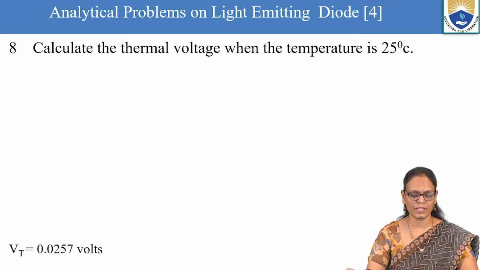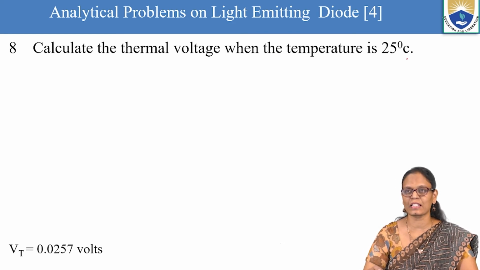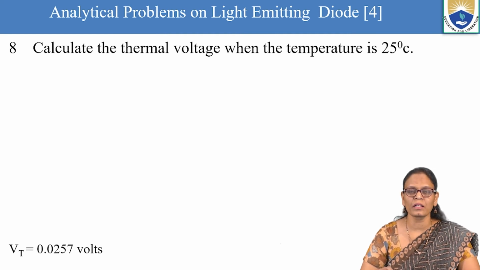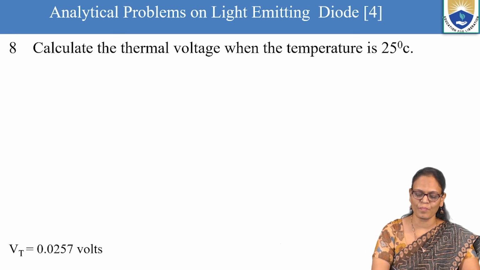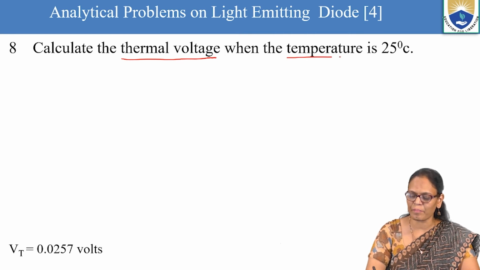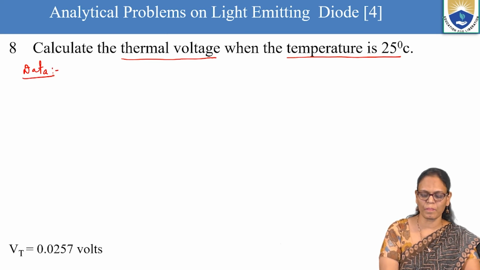The next one is calculate the thermal voltage when the temperature is 25 degrees Celsius. This is a very simple problem, but wherever we are given the thermal voltage or we have to calculate the thermal voltage, this becomes very handy. We have to calculate the thermal voltage and the temperature is given. So the data given here is just the temperature.